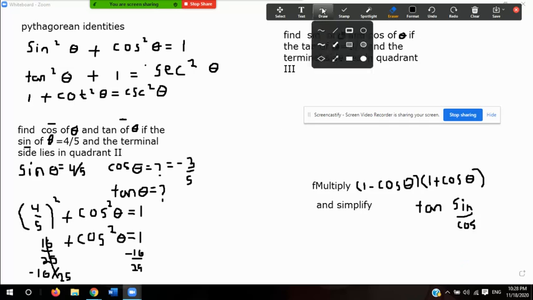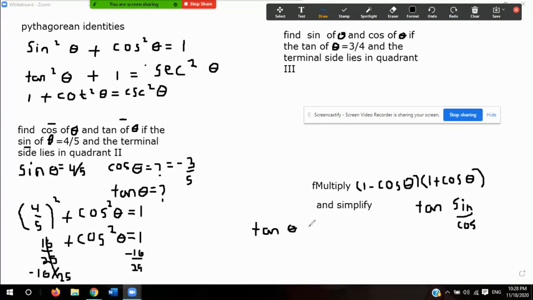To find the tangent, you simply divide the sine over the cosine. So the tangent equals the sine over the cosine.